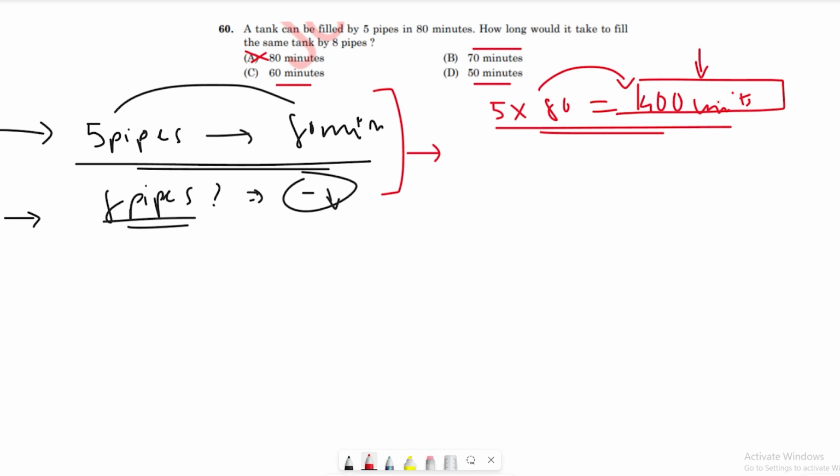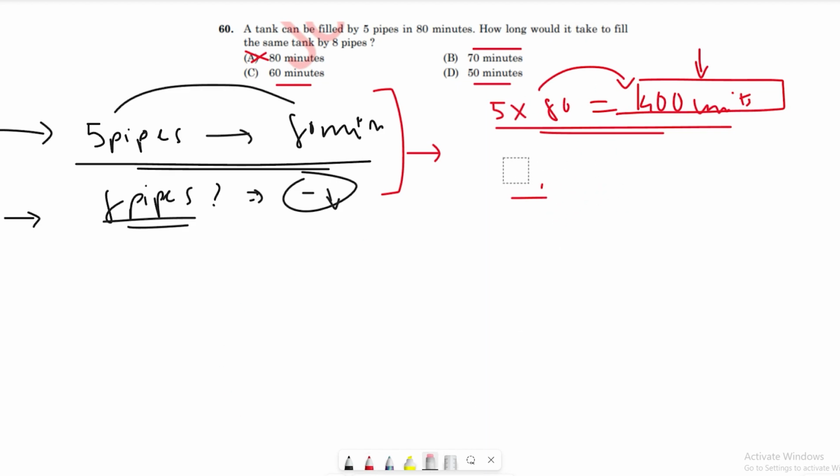The task is the same, but the number of pipes has increased. So if 400 units were needed, we have to do 400 units of work.